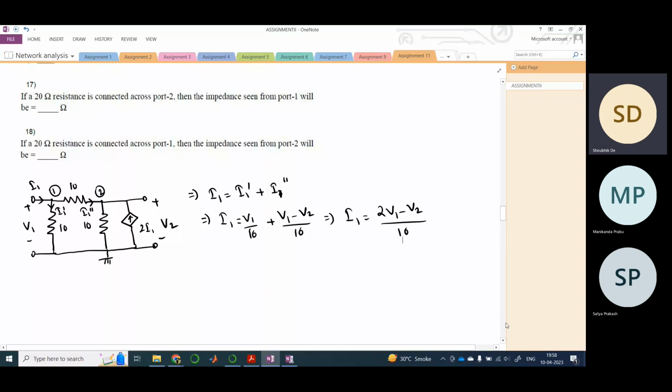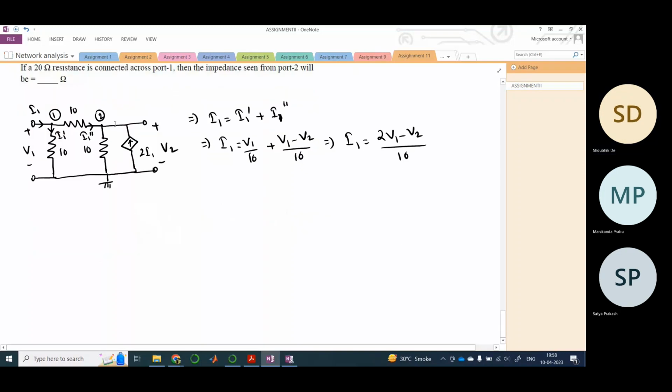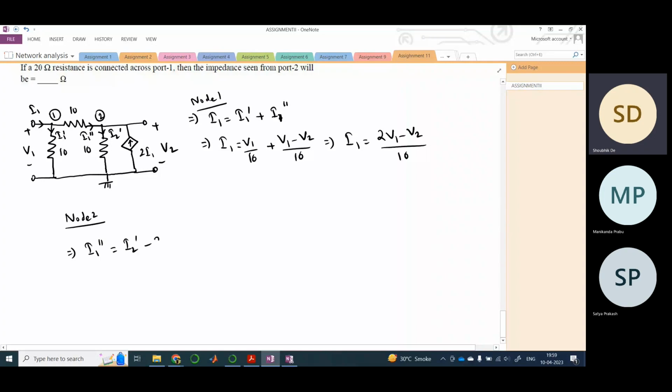Now this is node 1. We need to solve the equation at node 2 also. So basically, let us say this is I2 dash and this is again coming in this way. So I1 double dash is equal to I2 dash minus 2I1, and there is no I2 of course because it's 0.